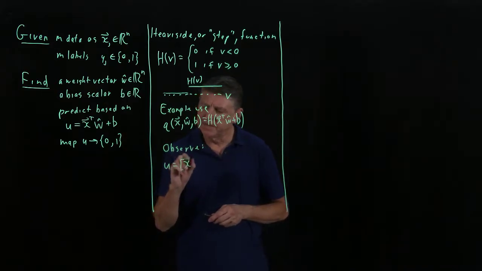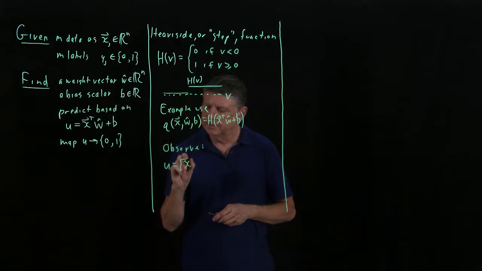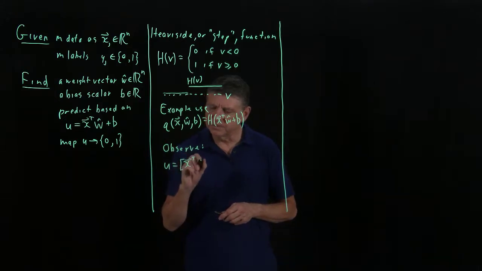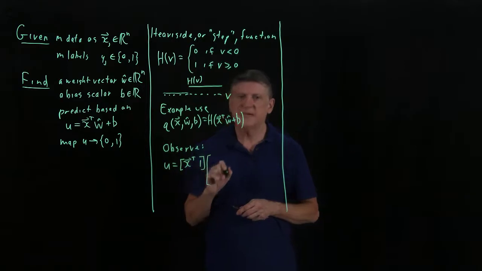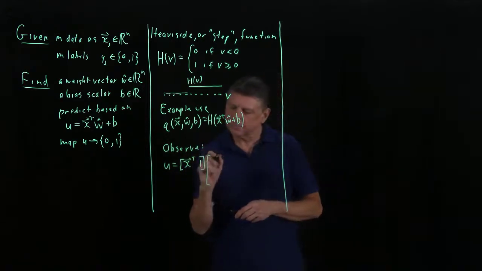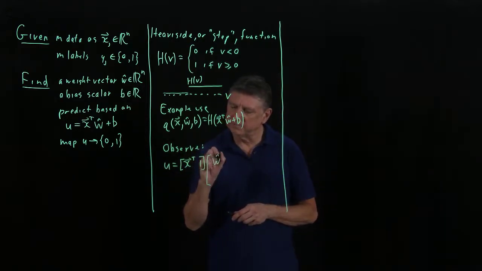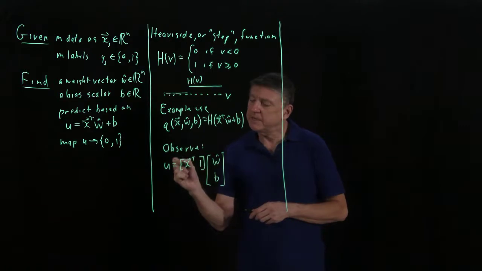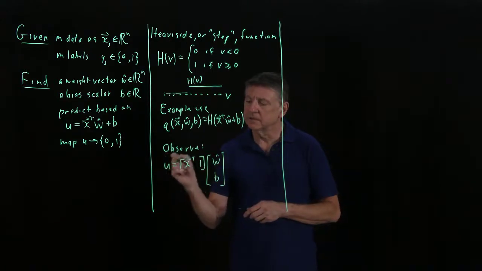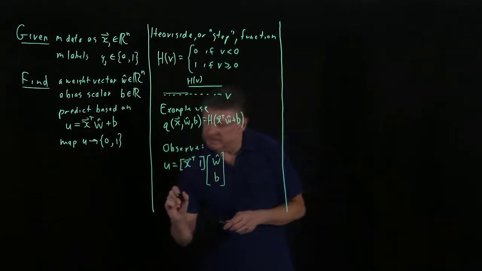Let's take the X vector and transpose it, and then append a 1 to it, and then let's take the interim weight vector and append to that the bias scalar. If we did that, we would see that this scalar can be written in another way.